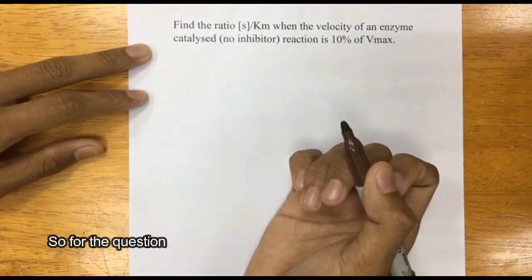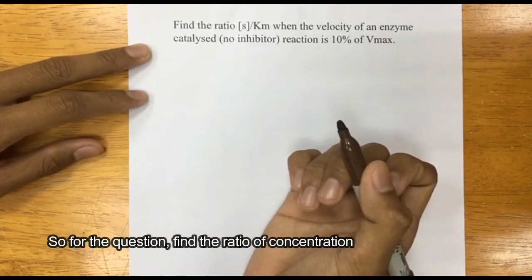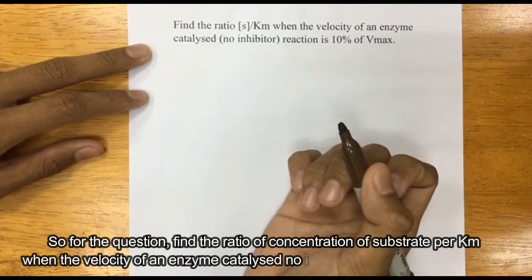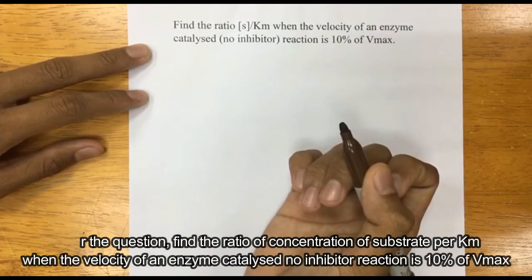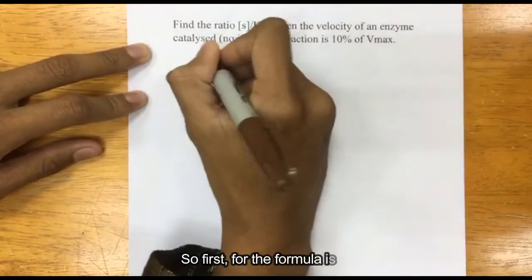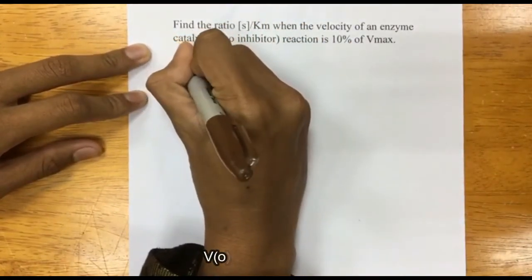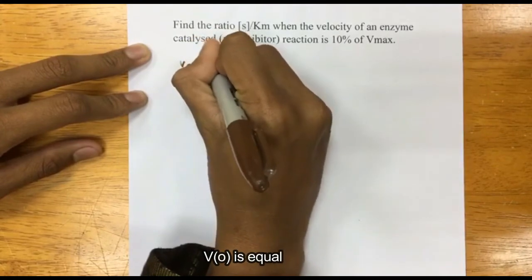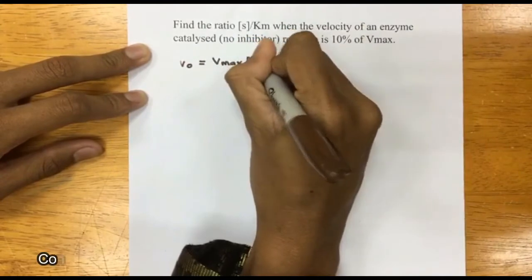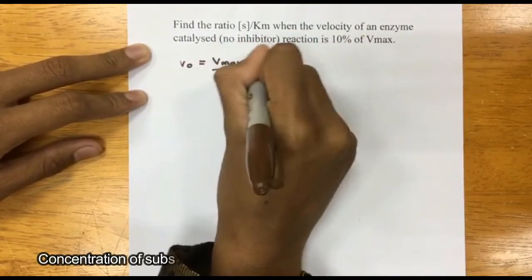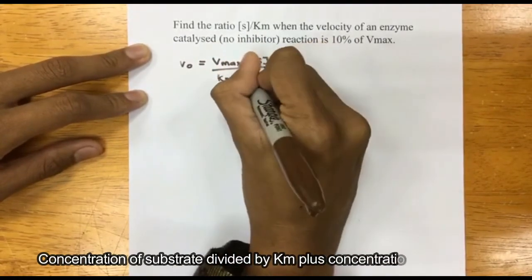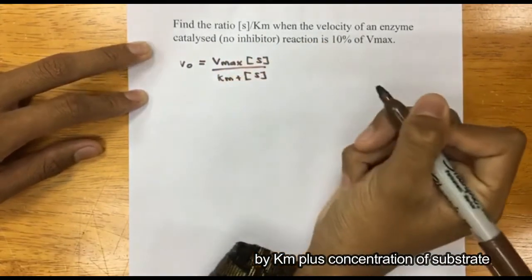So for the question, find the ratio of a concentration of substrate to Km when the velocity of an enzyme-catalyzed non-inhibitor reaction is 10% of Vmax. So first, the formula is V naught is equal to Vmax times concentration of substrate divided by Km plus concentration of substrate.